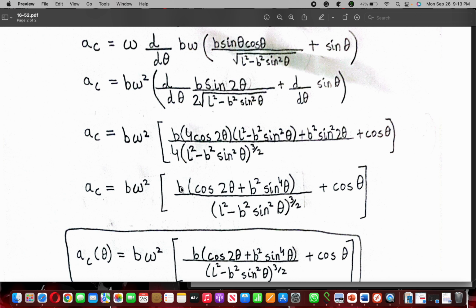Any other variables, like L and b, we have to keep as they are because they are considered constants. It will be much easier to do these questions if you know trigonometric identities like sin theta cos theta, which can be written as 1 by 2 sin 2 theta, as you can see over here. So it simplifies the equation very much.